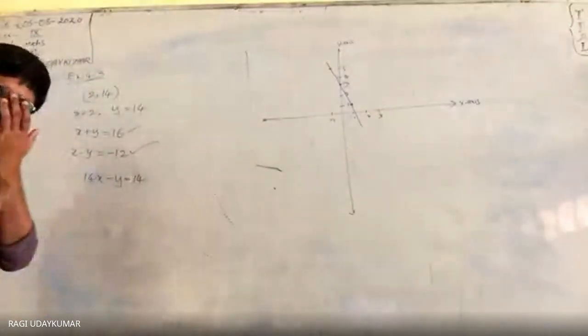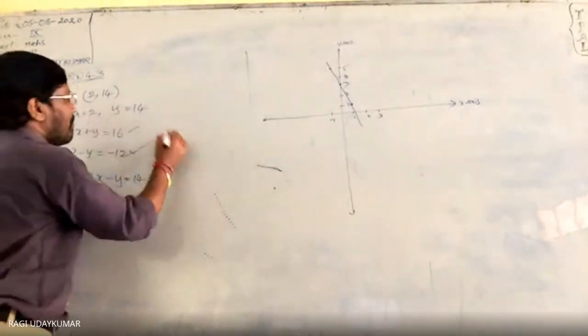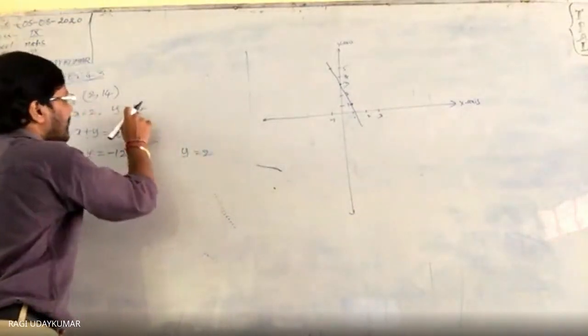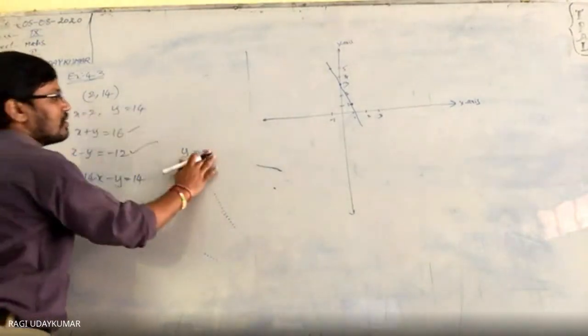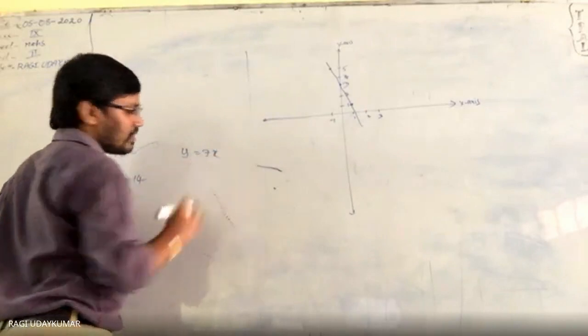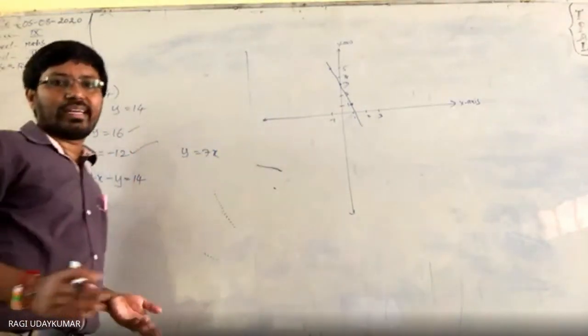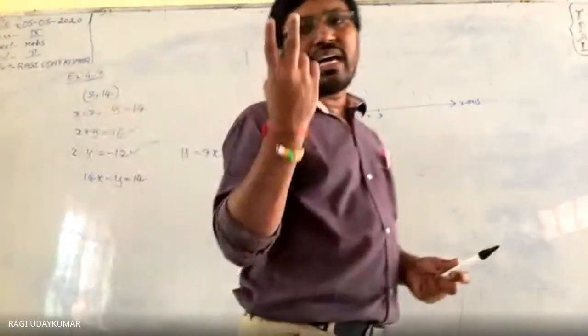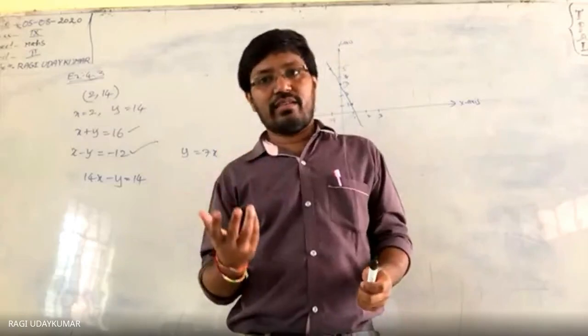You take x and y something, और दोनों का रिलेशन क्या है? ये भी ले सकते हैं. y is equal to ये डबल ऑफ 7 टाइम्स है, ये 7 टाइम्स ऑफ x. So y is equal to 7x. ये भी एक इक्वेशन होता है. Like that so many equations you will get. And the question is asking you to write only two equations, and how many such lines are there and why.